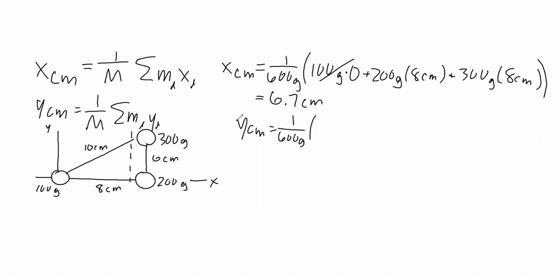The first two are 0, so it's just going to be 300 grams times 6 centimeters, not 8, because that's the y coordinate of the 300 gram mass. So that is simple enough to be 3 centimeters.